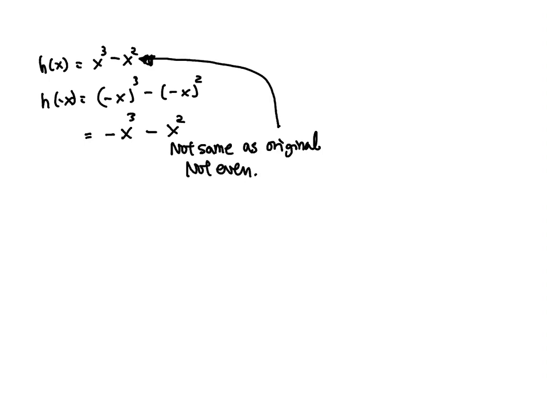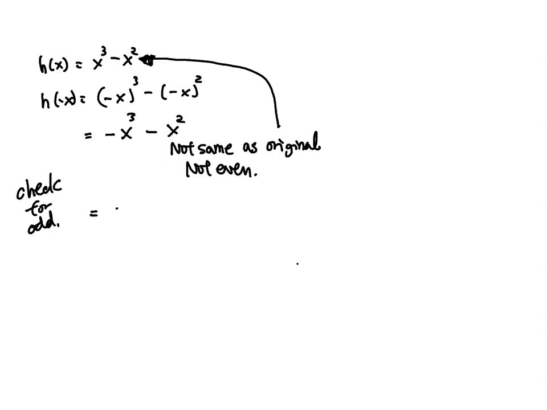Now, not even doesn't mean that it has to be odd. Keep that in mind. So now let's check for odd. Remember, checking for odd means I need to be able to factor out a negative 1.